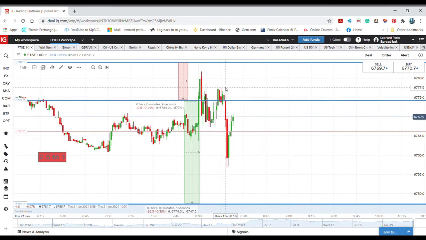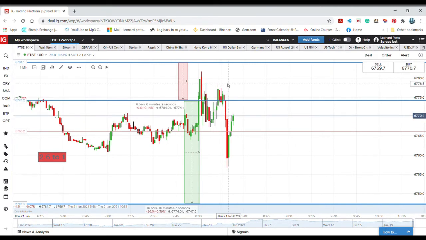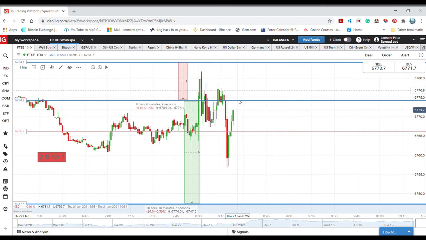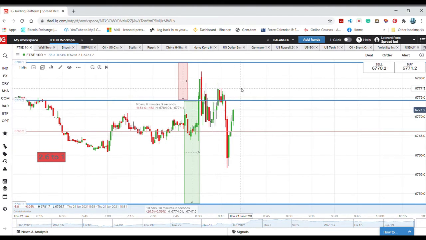If price closes above here, then that wave is finished, and it was miscounted, because wave 4 shouldn't retrace or close below wave 2. So it'll be interesting to see what happens here.